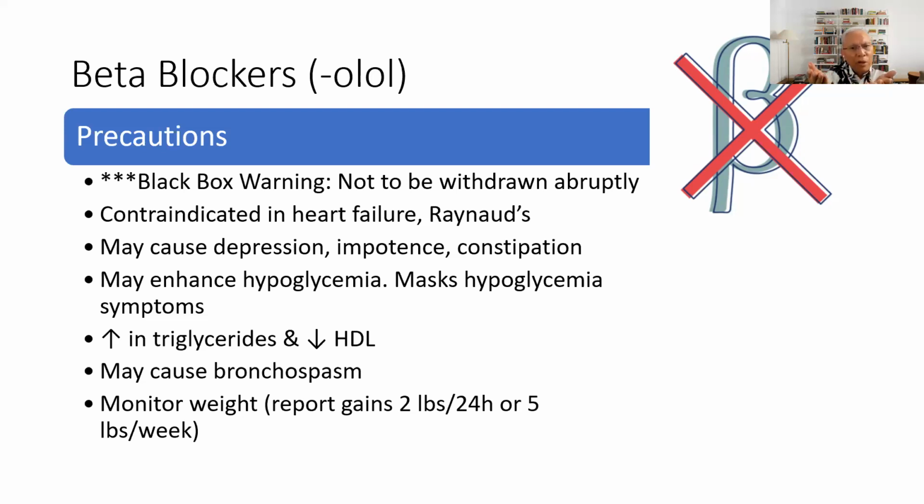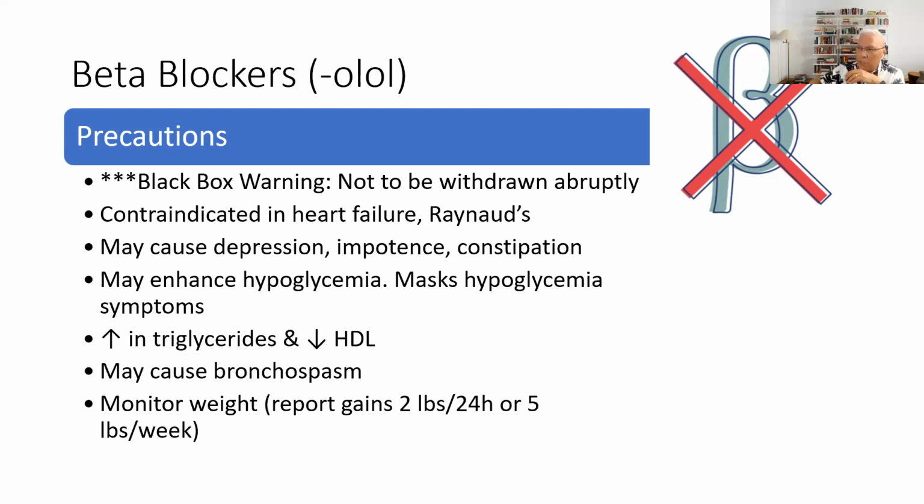So if you give it to patients with heart failure, they're going to have an exacerbation of the symptoms. The other thing is that it's also contraindicated in Raynaud's disease. One other thing is that these patients may experience depression and impotence, as well as constipation.